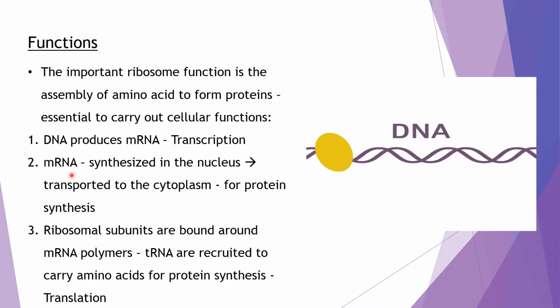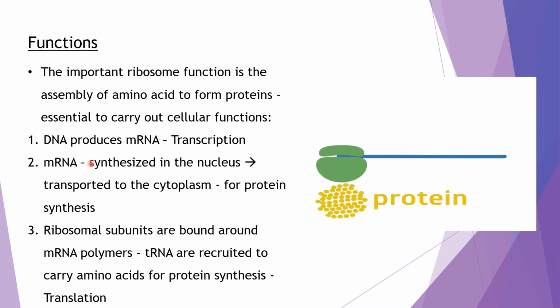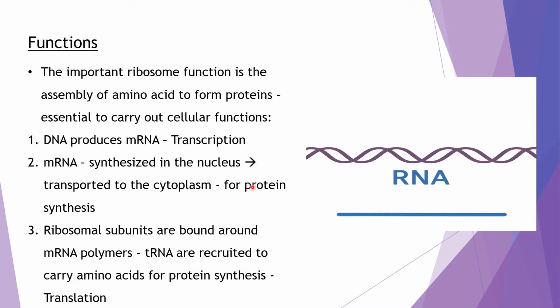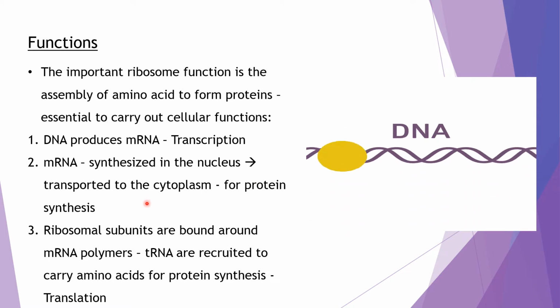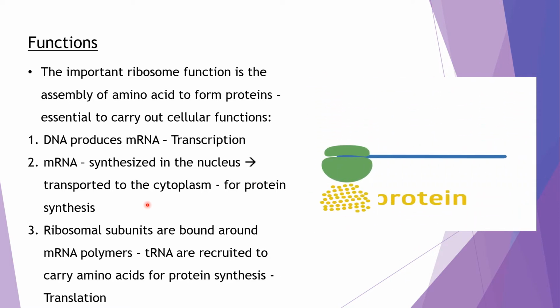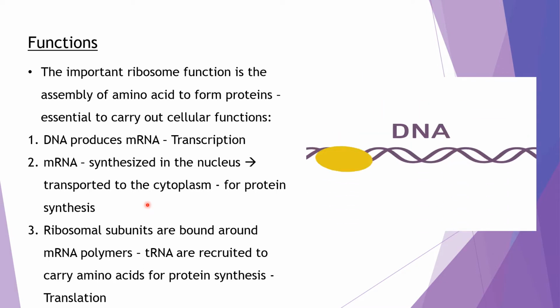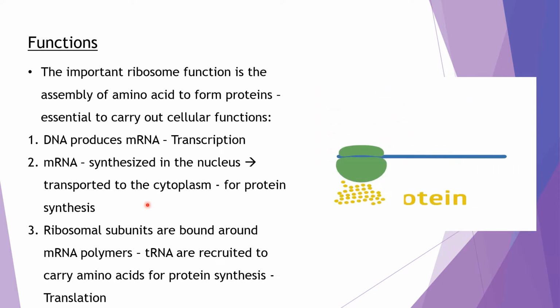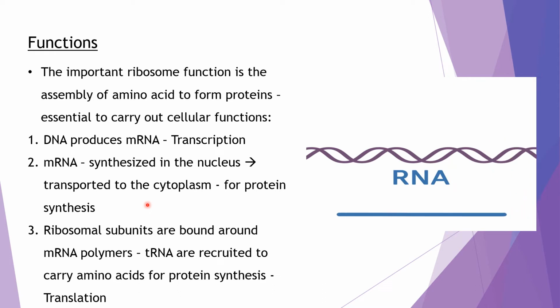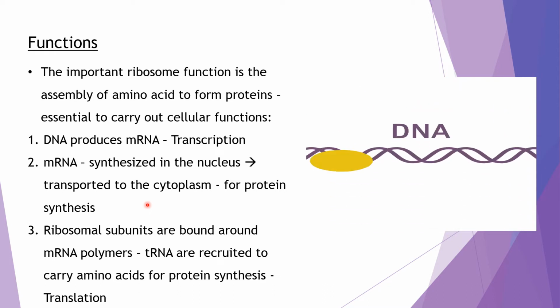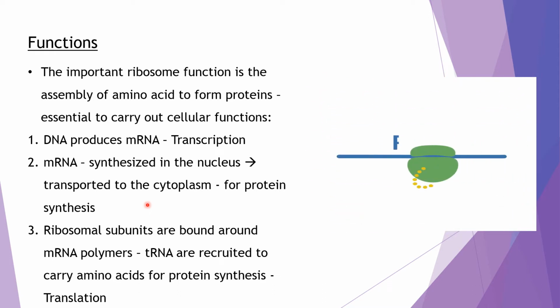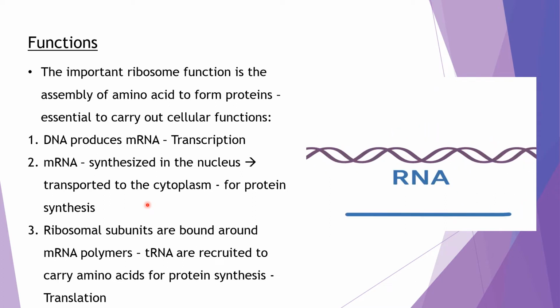So, the product of transcription, mRNA, which is synthesized in the nucleus, is transported to the cytoplasm for protein synthesis, because ribosomes cannot be found inside the nucleus, and the ribosome is an essential cell organelle required for protein synthesis.